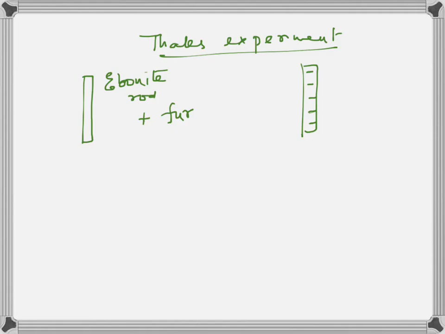Okay, in fact later we found that charge to be negative, and fur gained positive charge. So what happened was, when you rubbed this ebonite rod with fur, some electrons from fur went onto the ebonite. Ebonite is something similar to wood. So ebonite gained electrons, gained negative charge. Fur lost electrons, it gained positive charge.